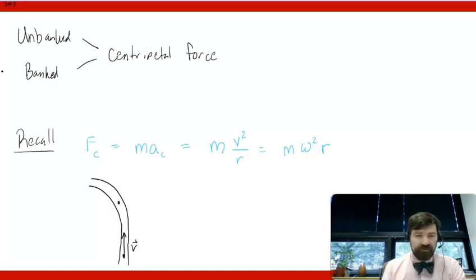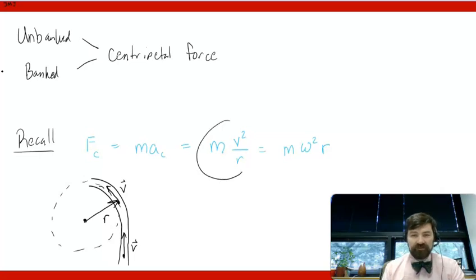But over here, as the car is moving around the curve in the road, this v is changing, and this curve can usually be approximated as a section of a circle whose radius is r. So this gives us the v and the r that we need for this equation right here, the mv squared over r equation.